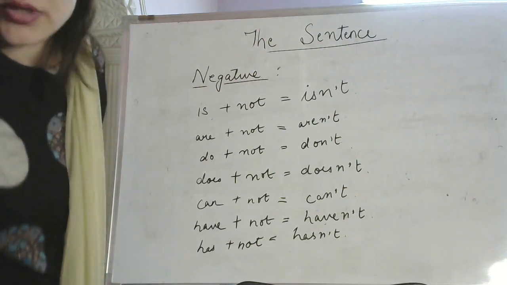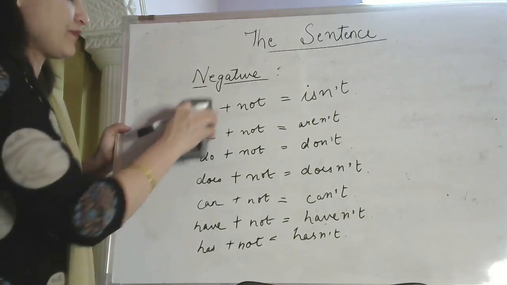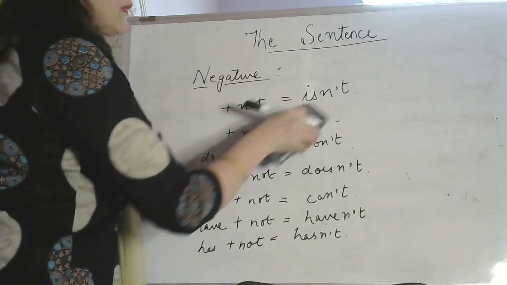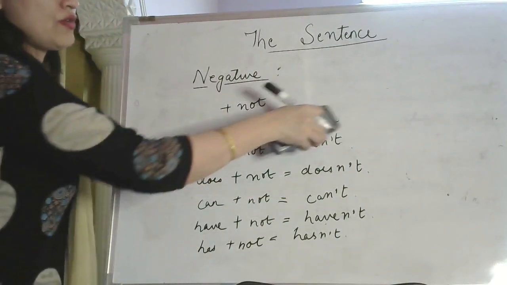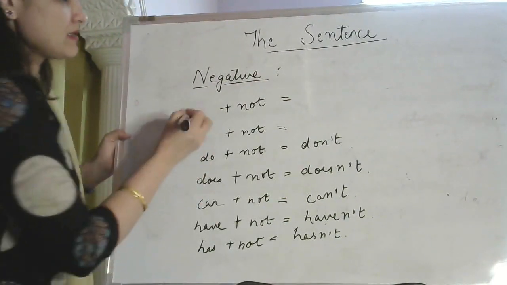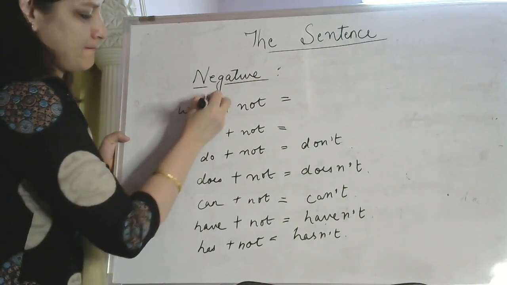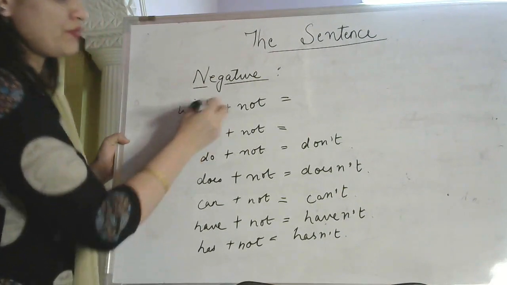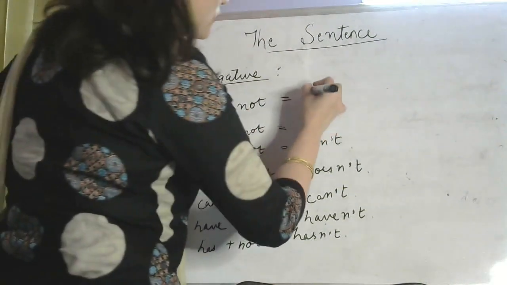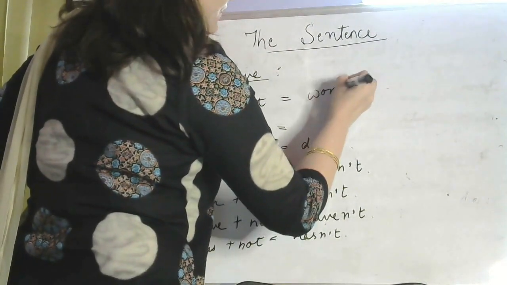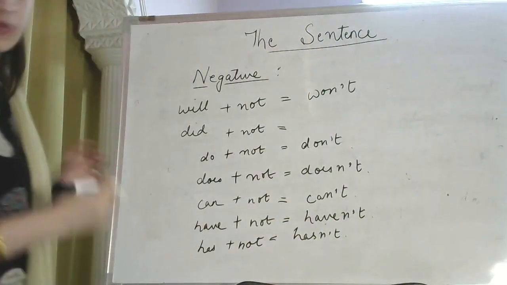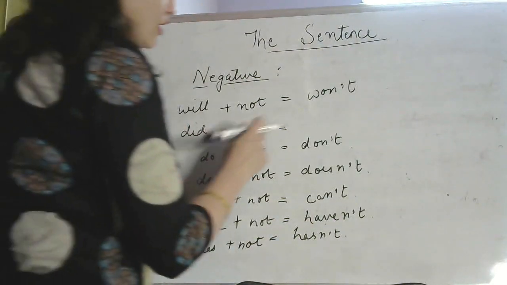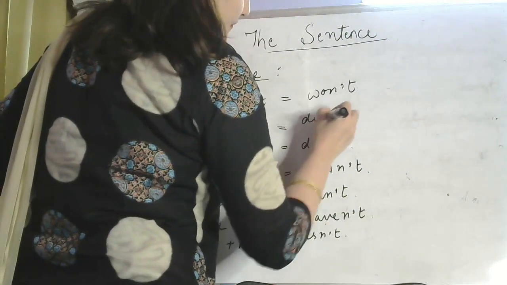That is again important. Let's see, I'll do it here. Will not, and then we have did not. Will not will become won't, right? And did not will become didn't.